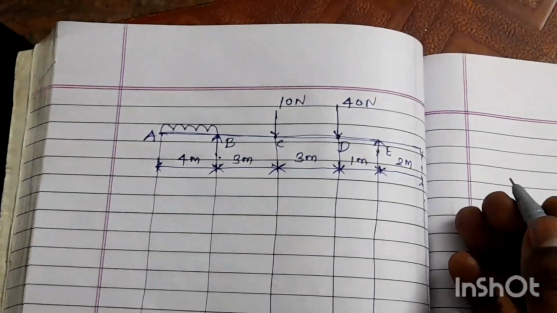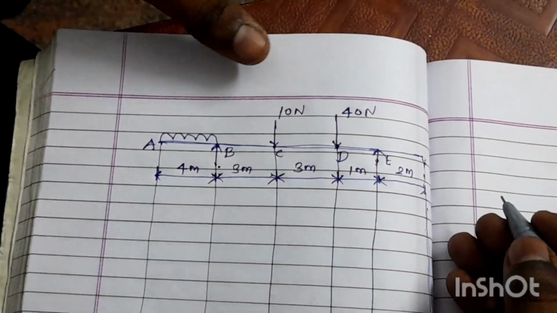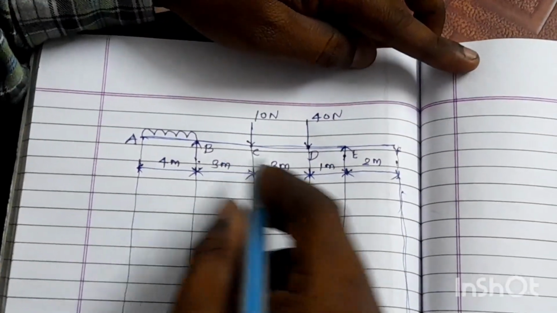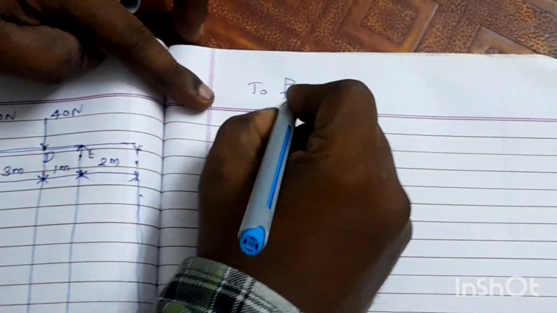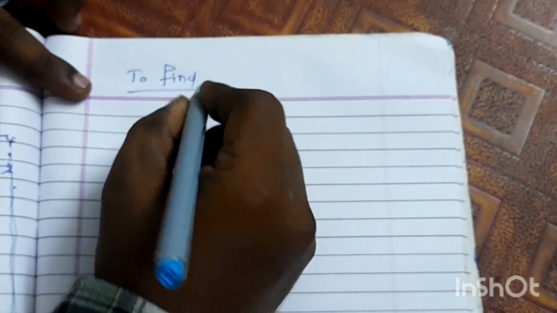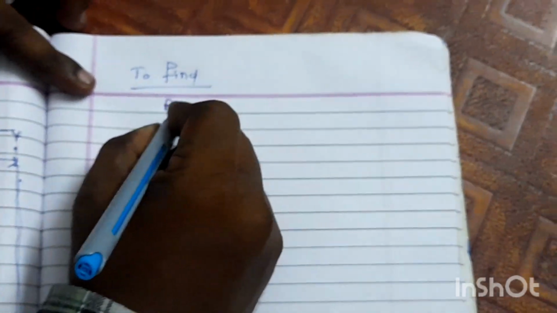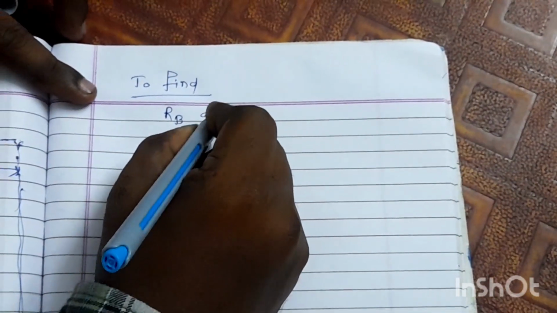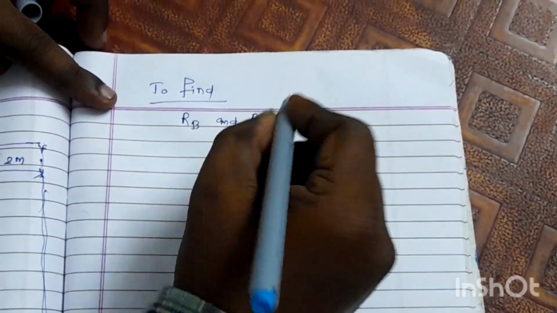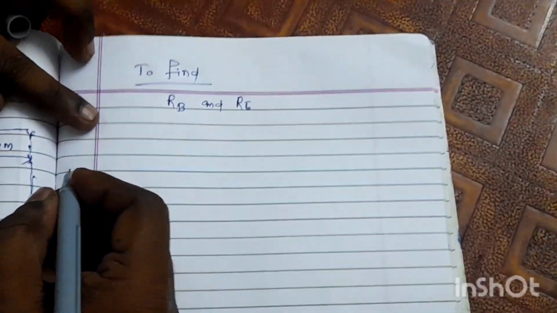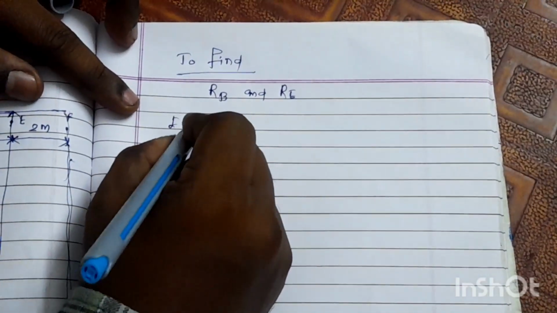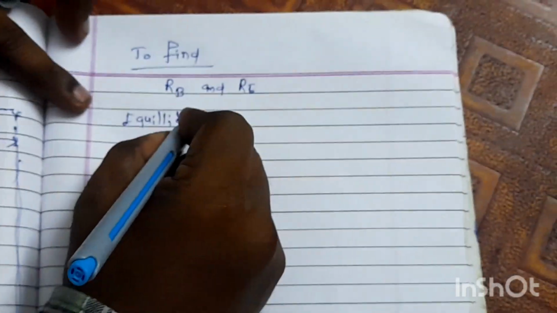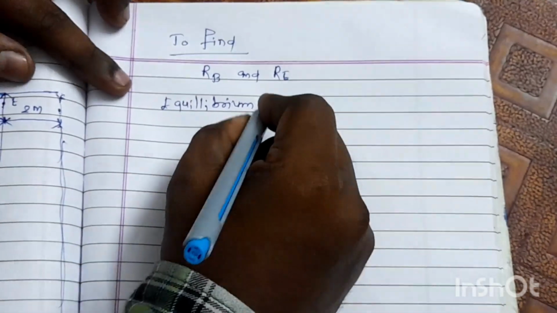First, we have to find out the reactions at B and E. So, to find RB and RE, the first aim, you have to use the statical equilibrium equations.